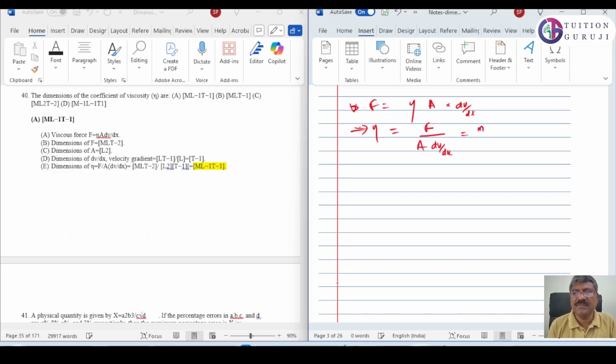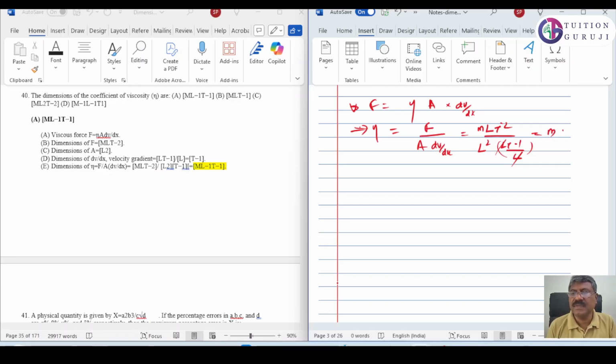So F we know is mLT raised to minus 2. Then A is L square. Then dV by dx is equal to LT raised to minus 1 by L. So this L and L will get cancelled. Then what you will get?